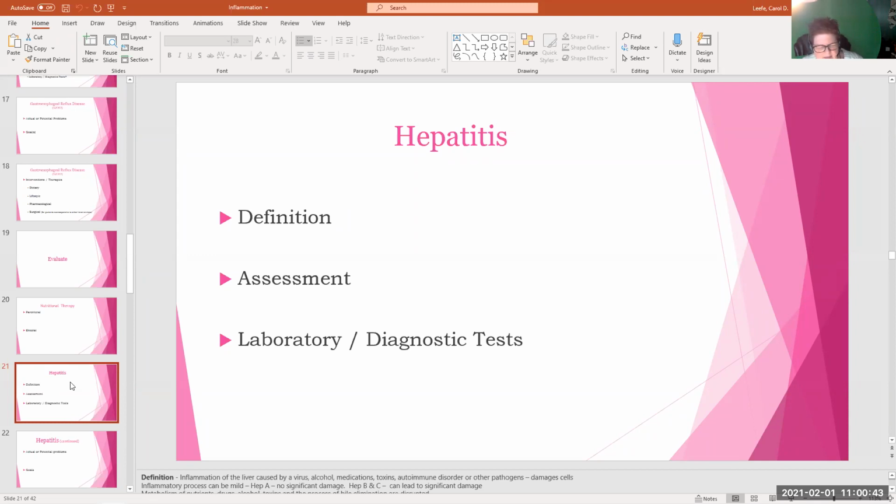Hepatitis A, how do they get that? Fecal oral transmission, from contaminated food and water. Are there vaccines for hepatitis A? Yes, 2 vaccines. What is the best way if you can't afford vaccines?